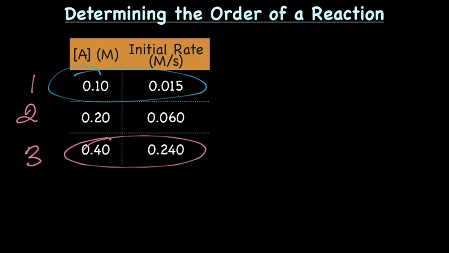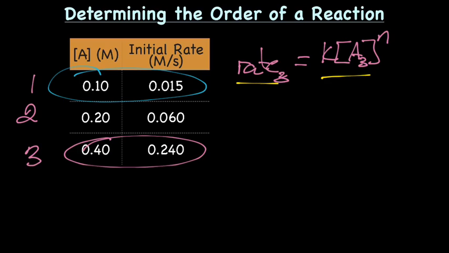So again, we're going to have rate number 3 equals K times the concentration of A number 3 to the N. And we'll set that up as a ratio. So we'll have rate number 1 equals K, concentration of A1 to the N.